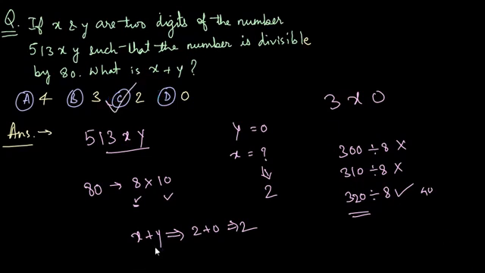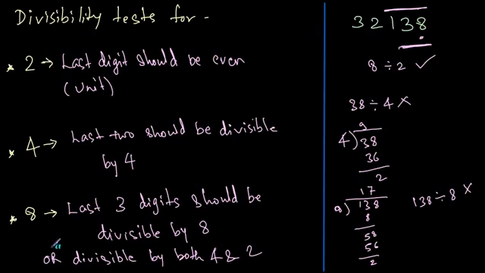The best way to remember these conditions is to group them the way I explained in the video. So let's revise them once more. The divisibility test for 2 is that the last digit should be an even number, that is, it should be divisible by 2. In case of 4, the last 2 digits are considered and those 2 digits should be divisible by 4.